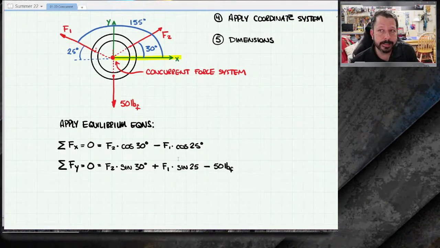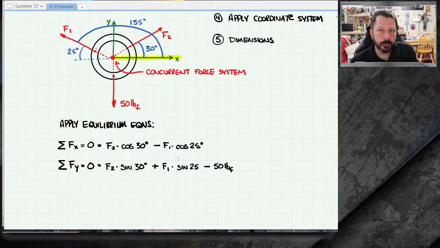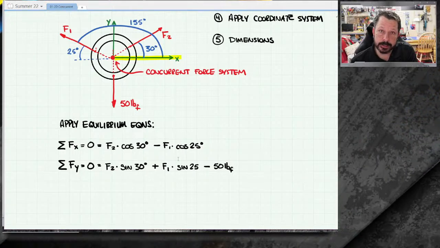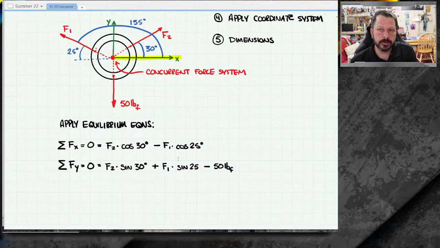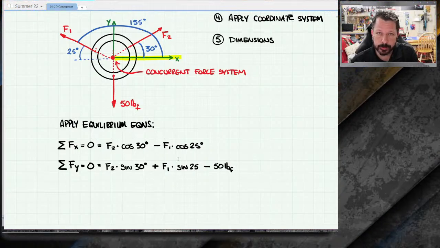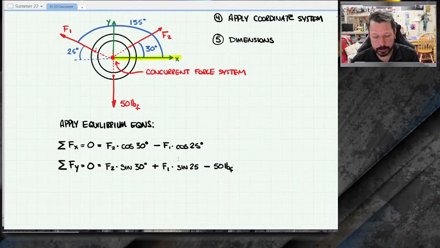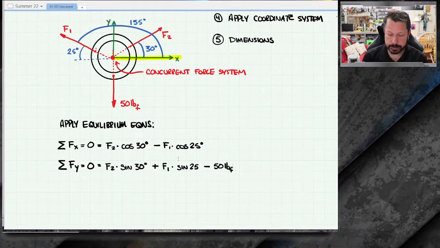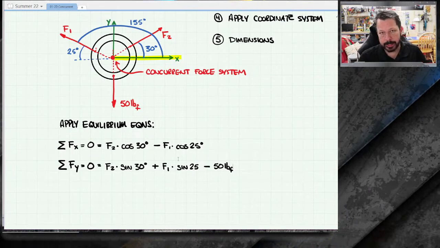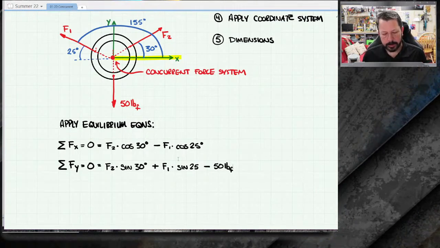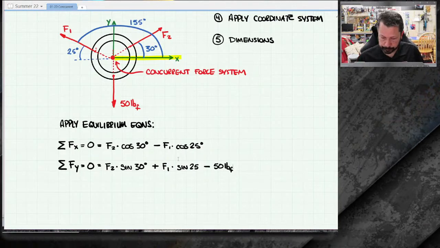On exam 1, there will be systems of 3 simultaneous equations. I don't think you'll ever have more than a system of 3 unknowns, but you will have some that have 3 unknowns, particularly the 3D concurrent force systems. So you do have to have a method for solving a system of 3 unknowns.